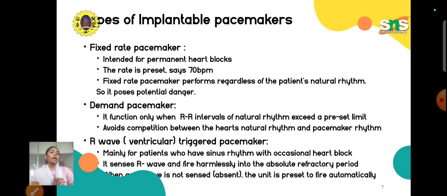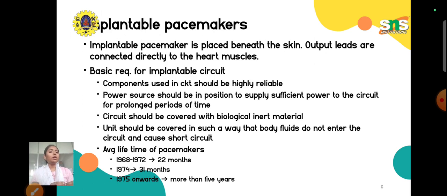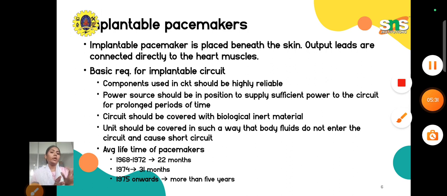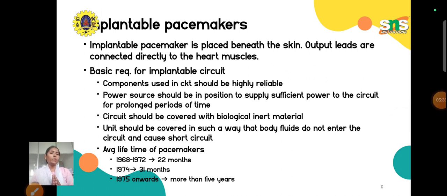So they have been continuously working on battery life in order to enhance the life period of implantable pacemakers. Even though we have so many technologies and advancements, people are still doing research in this area: how we can improve the battery life without affecting the quality of the implantable pacemaker.